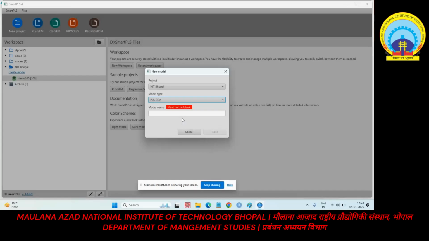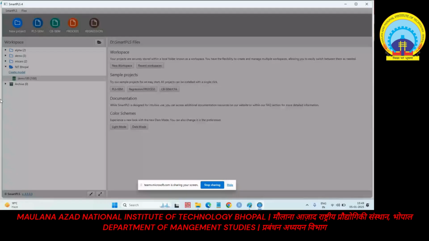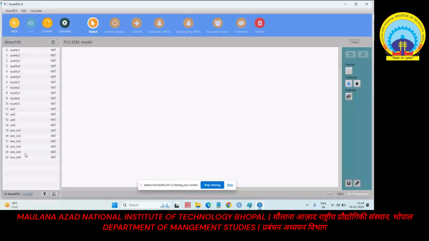Give it a name. I'm giving it the name model. Any name you can give. Now it will get the values on this side. And please see, in AMOS also similar things will be there. On the left-hand side panel, you will find all the items. But as against AMOS, it is extremely easy. Here, you can just select the variables.